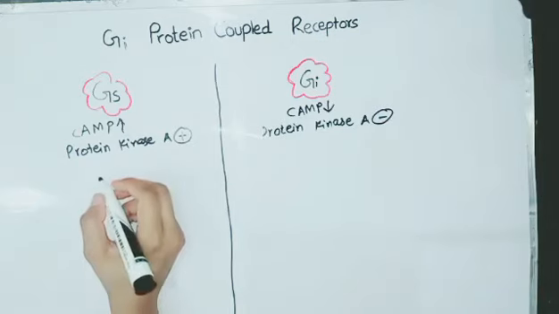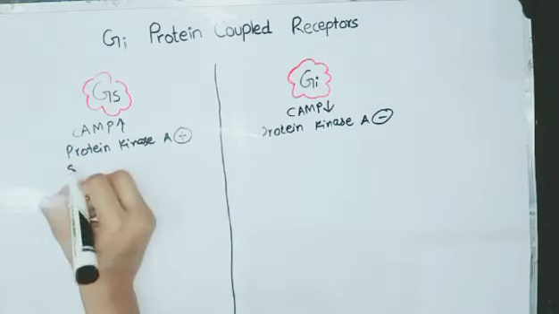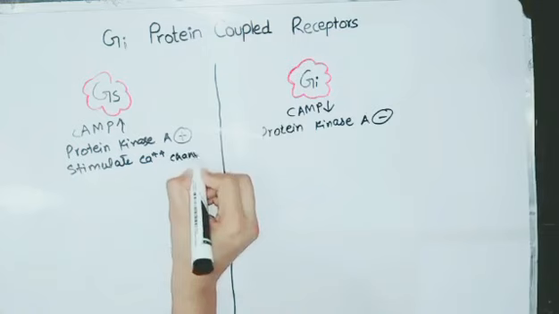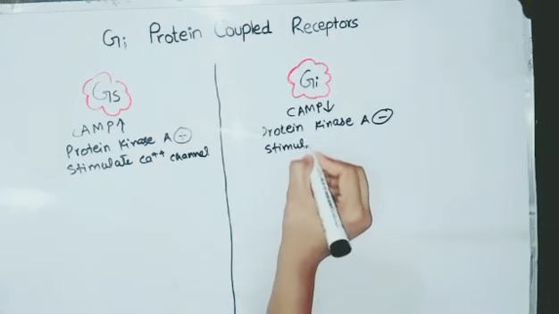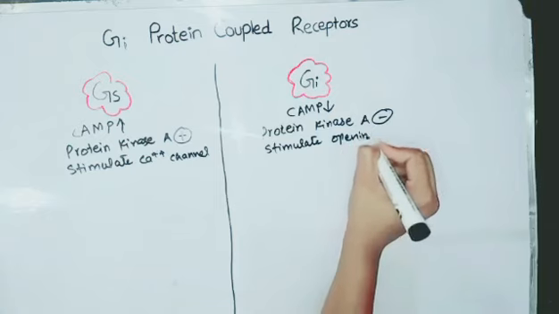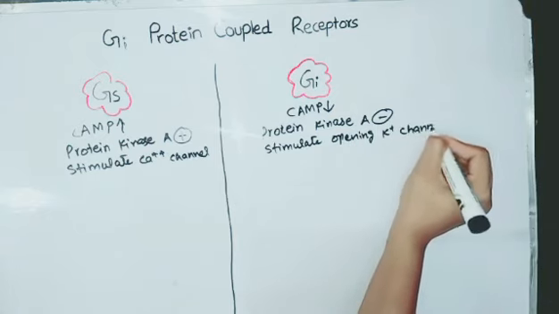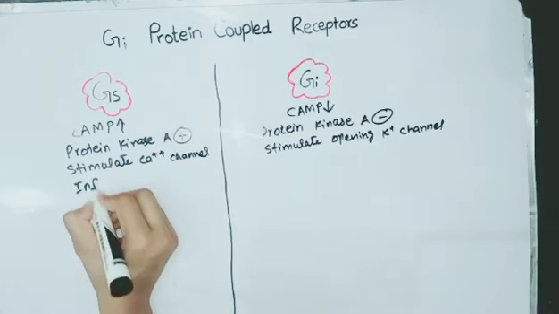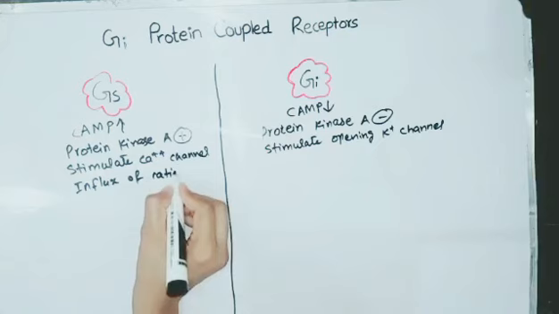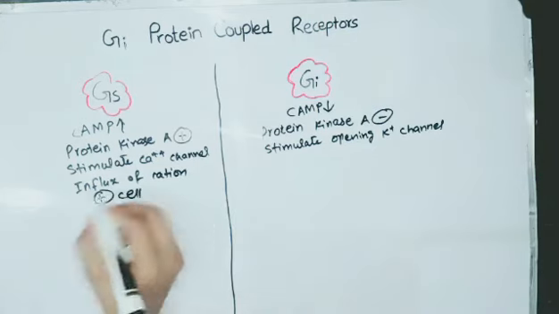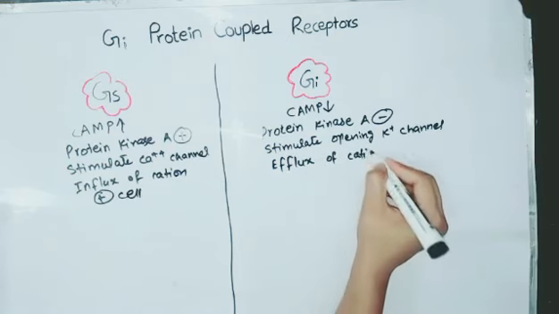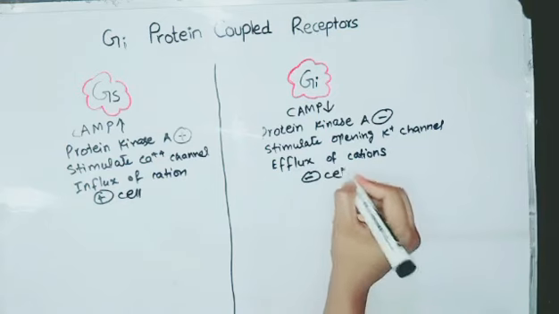And here the G stimulatory protein stimulates the opening of calcium channels, and here the G inhibitory protein stimulates the opening of potassium channels. Here there is an influx of cations and it stimulates the cell electrically, and here it causes an efflux of cations and it electrically inhibits the cell.